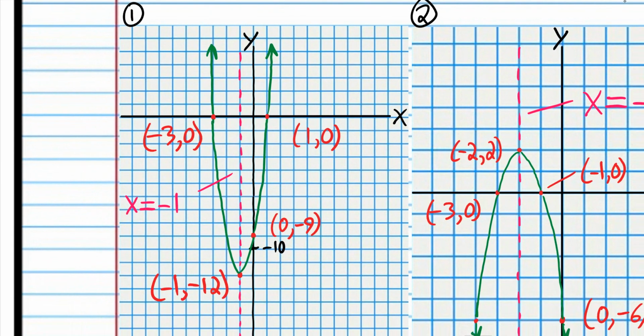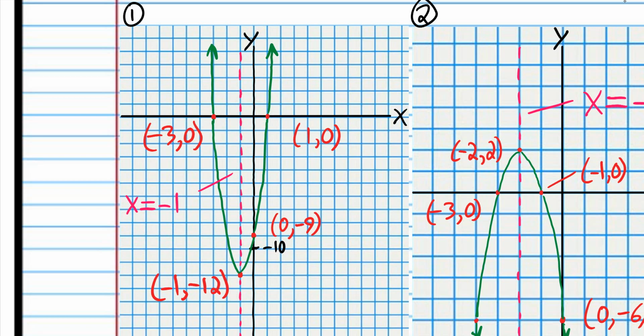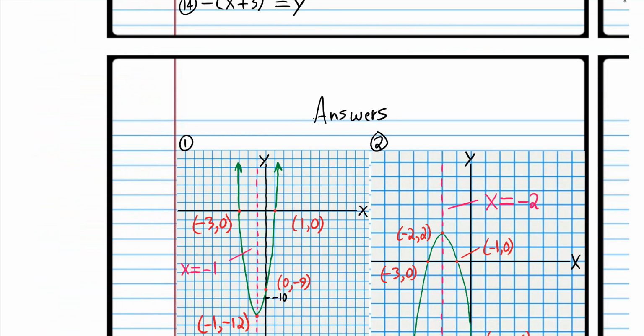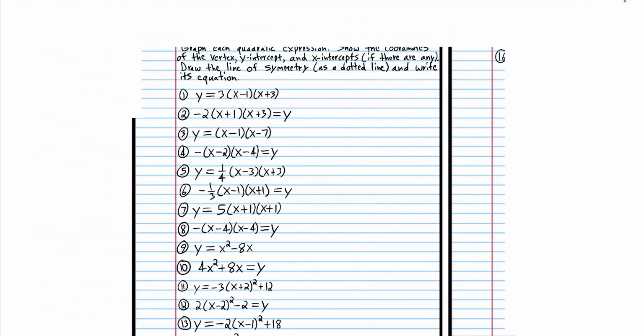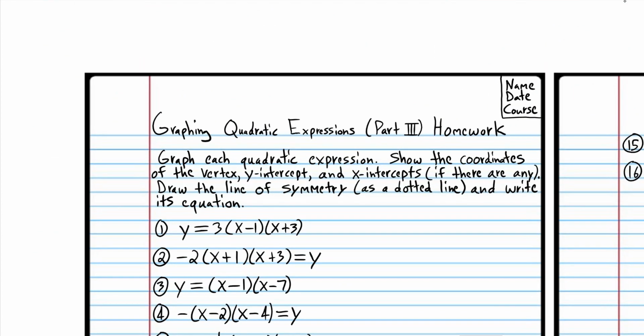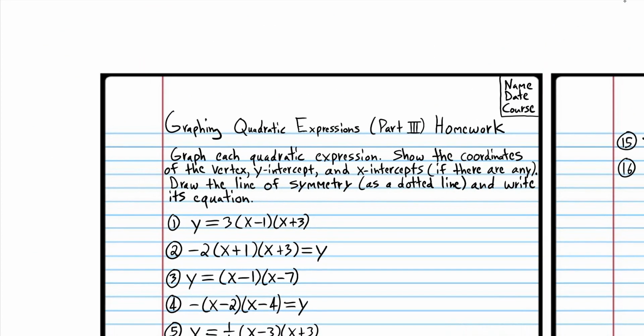You don't really have to use grid paper, but it's just going to make things a lot easier. And as always, label your x-axis and your y-axis. And just as we did in class, I want you to write the coordinates of each point that you plot. And of course, your homework has to have 4 characteristics. It has to be complete, correct, neat, and in chronological order in your binder.